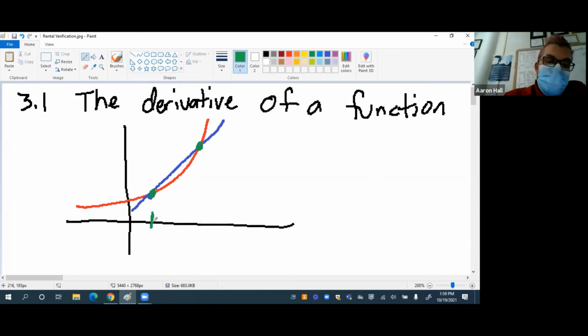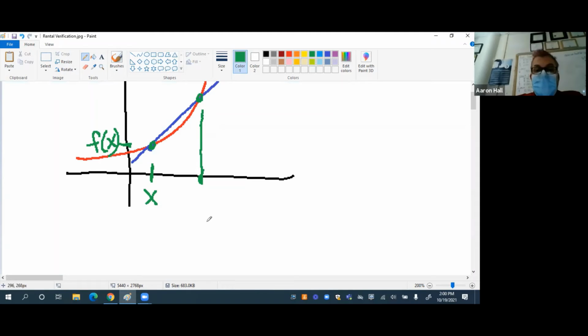So we'll call this some value x with some corresponding y value of what? If the curve is my function f of x, then the y here is f of x. Then we have some horizontal distance between our two x values.